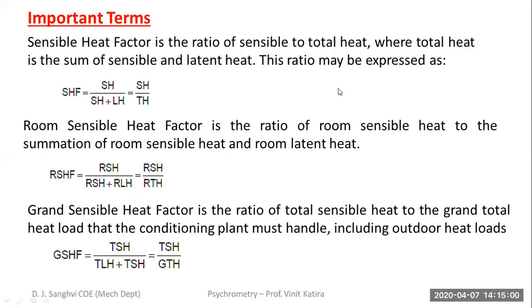So grand sensible heat factor includes the total heat load that your conditioning plant or your evaporator coil must handle, which also includes the outside heat loads, which also includes your infiltration and your recirculation air. Okay, is grand sensible heat factor clear to everyone?